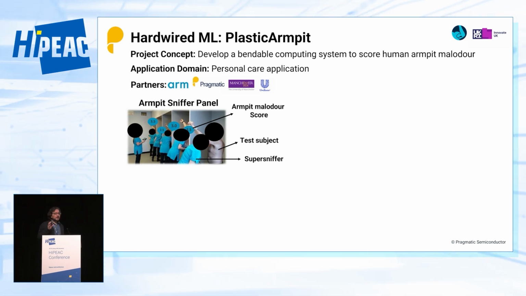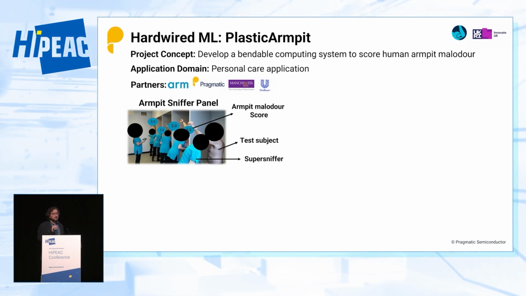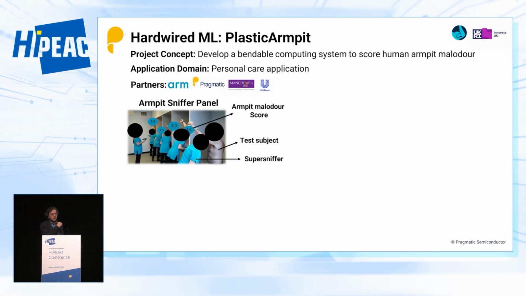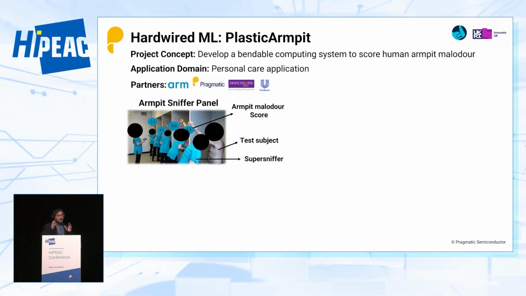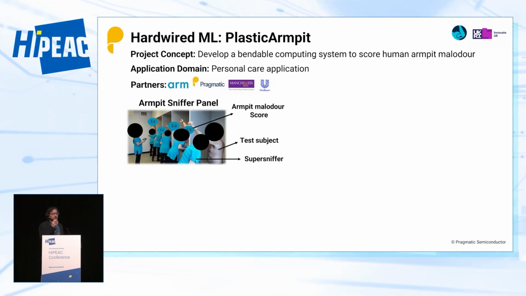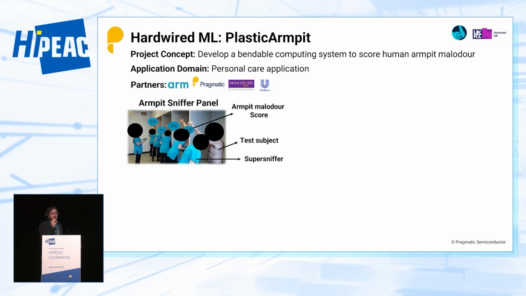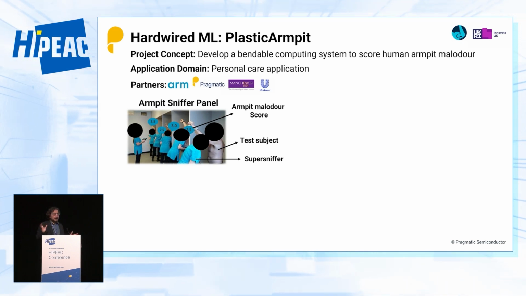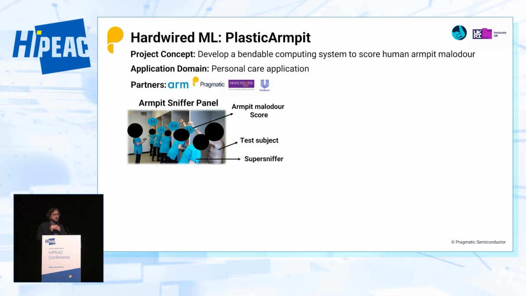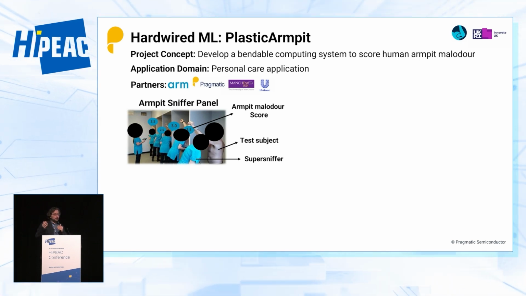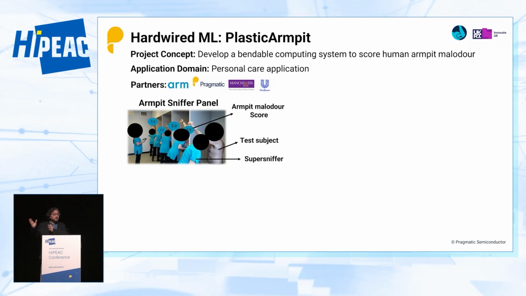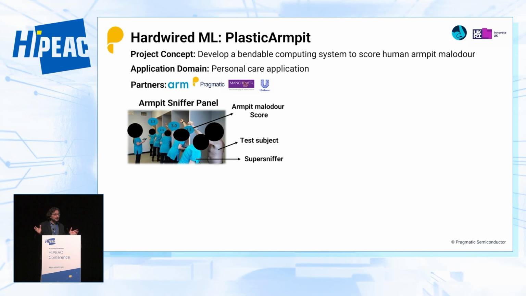All they do is smell the test subjects' armpits and score how bad they smell. They are chosen to have an ultra sensitive nose, and this is what they are paid for. It's very important to improve their deodorant or perspirant products. They organize these panels across different geographies in the world, so it costs money.